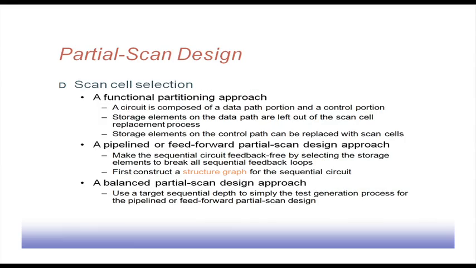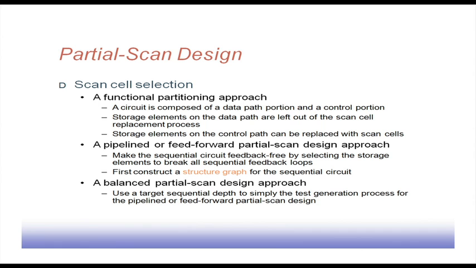So, what happens is that the storage elements on the data path are left out of the scan cell replacement process, because data path flip flops normally form registers. So, those registers are not that necessary to test, but the control path flip flops are actually forming the finite state machine.